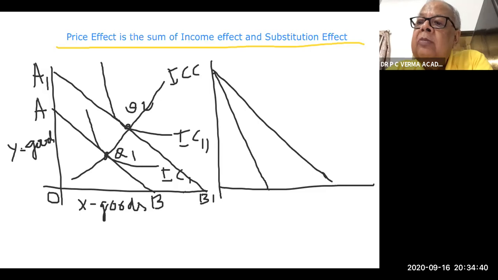But when we talk about PX by PY, and there is a change in price, there is a price fall from PX by PY to PX0 by PY.